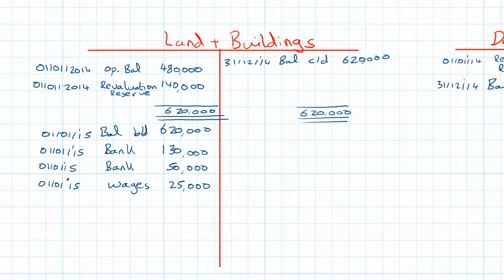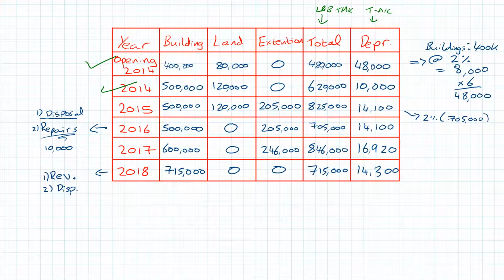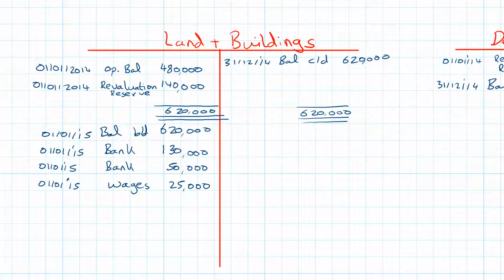So moving over to depreciation. We don't have to do anything else because there's no revaluation going on, but we do need to account for the end of the year depreciation. So now we're looking at the 31st of the 12th, 15.